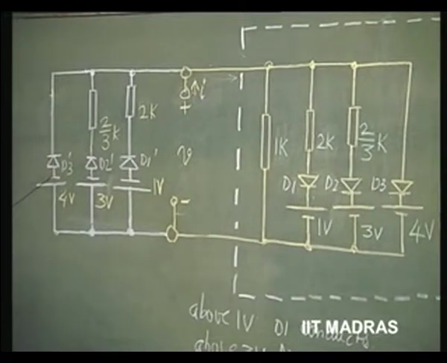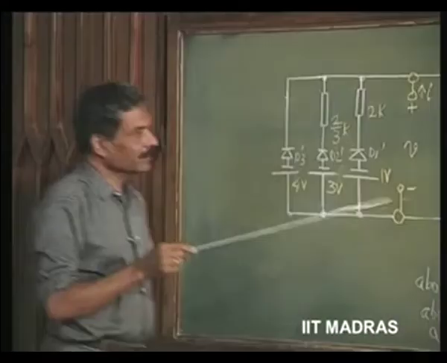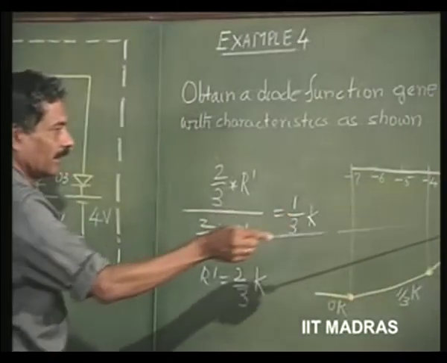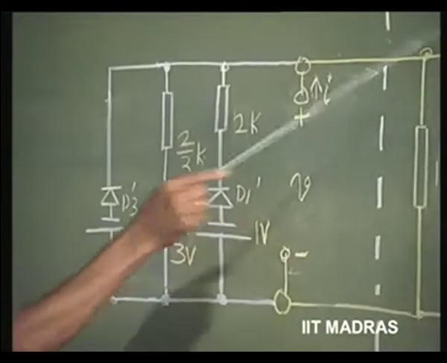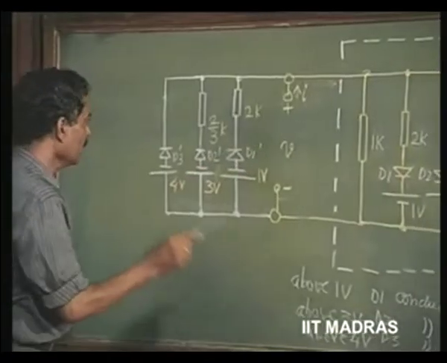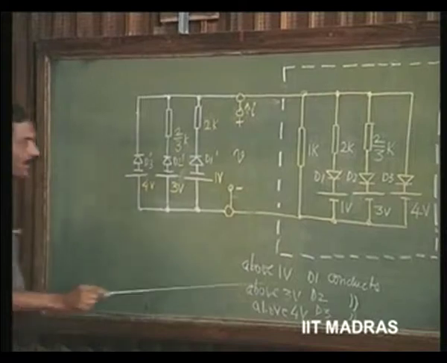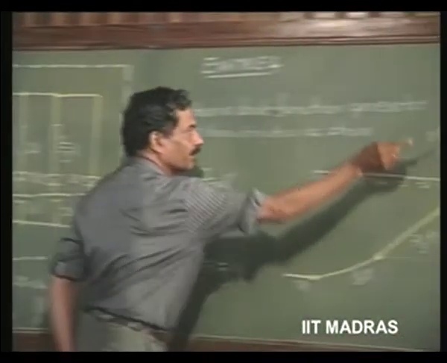When this is minus 4 volts, when this is more negative than minus 4 volts, this starts conducting. So, this entire characteristic gets almost retraced here the moment we put this in shunt with this combination of circuits. This combination in shunt with this combination gives the complete characteristic that we have depicted here.